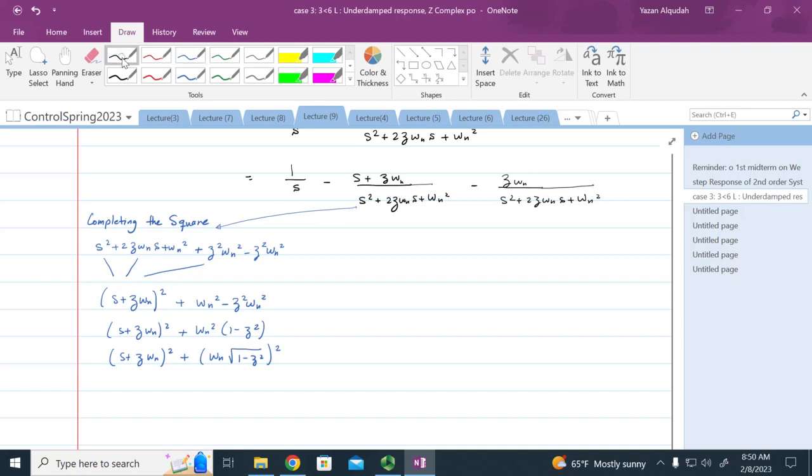Okay, so going back to our expression, we can write this as 1 over s minus s plus zeta omega n, and now I'm going to replace the denominator with the new expression, which is s plus zeta omega n squared plus omega n square root of 1 minus zeta squared, all squared.